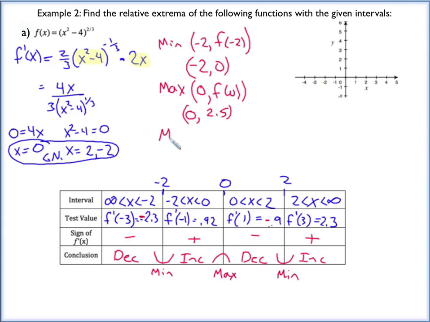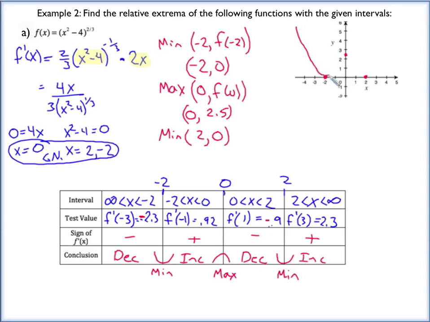Then we know we have another minimum at 2. Okay, and that's going to be 2 squared minus 4. That's 0 again, so 2 comma 0. We get another minimum. Okay, so let's plot these points. Negative 2, 0, 0, 2.5, and 2, 0. And so we know our function here is decreasing.